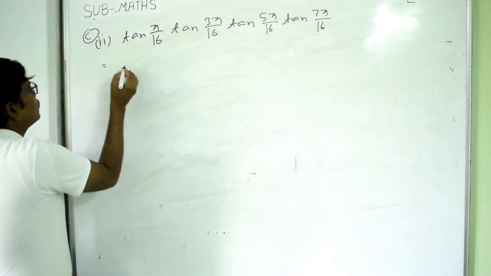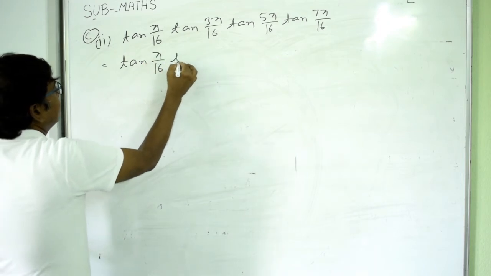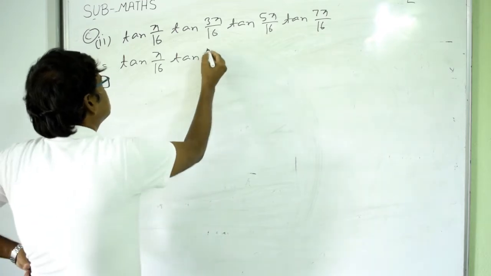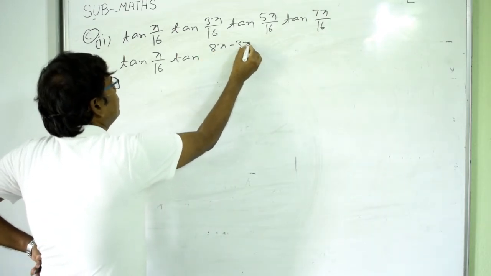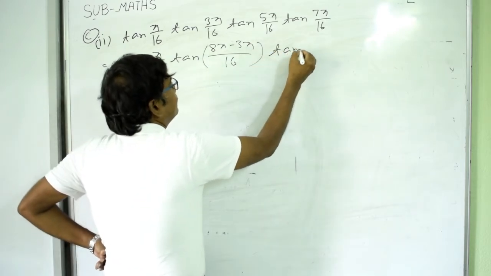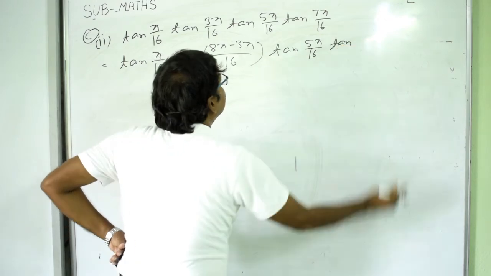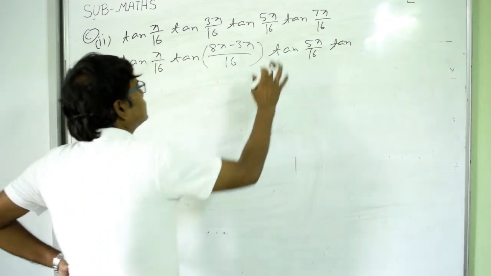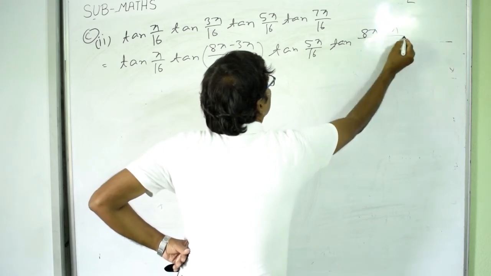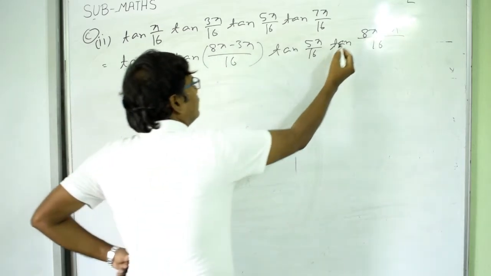So this is equal to tan pi by 16. You can write tan 3 pi by 16 as tan of 8 pi minus 3 pi by 16, and tan this as 8 pi minus pi by 16. Okay, 8 pi minus pi by 16 you can write.